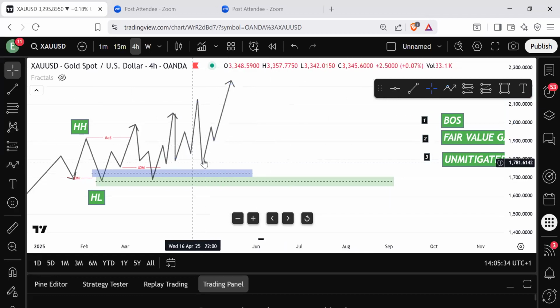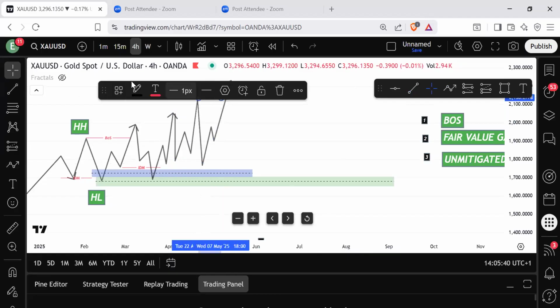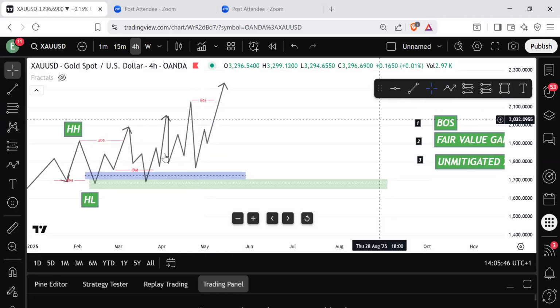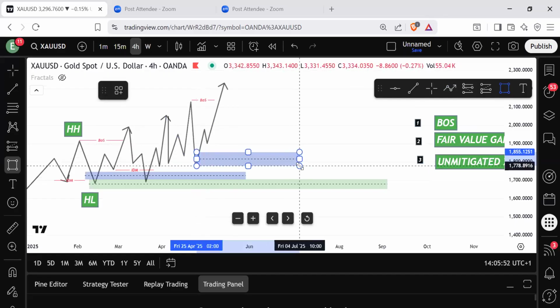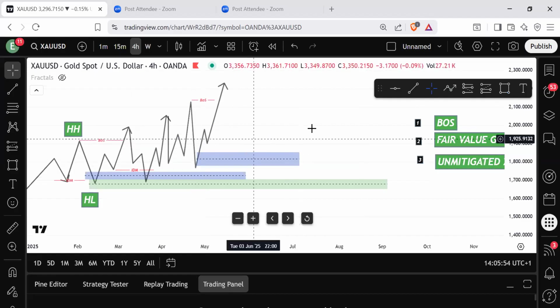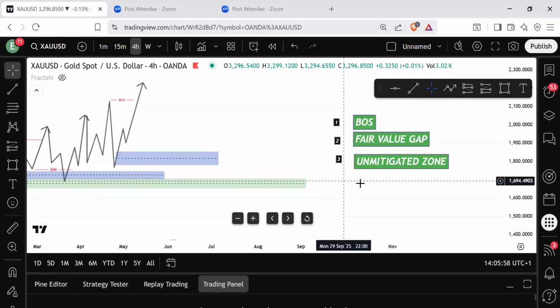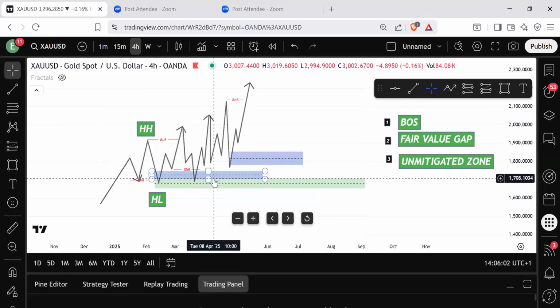Maybe we see another break of structure happen and we see a fair value gap. Then another zone. So what we mean by unmitigated is that the point has not been visited. It's fresh.